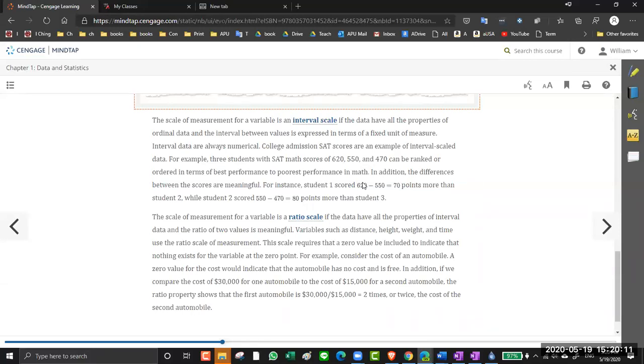So suppose somebody weighs 80 kilos, and somebody else weighs 40 kilos. Can you consider the ratio 80 over 40, and say that one person weighs twice as much as the other? Yeah, of course.